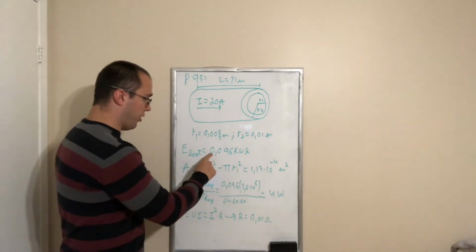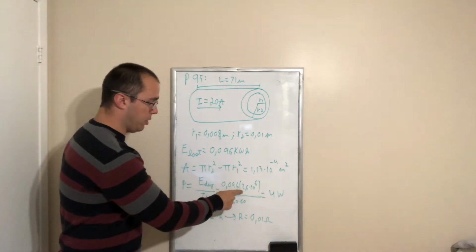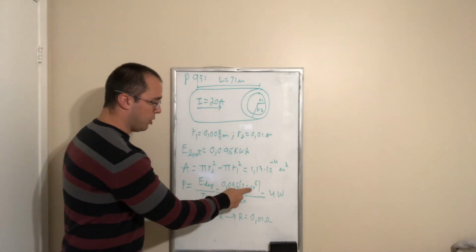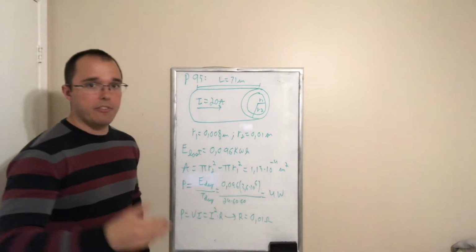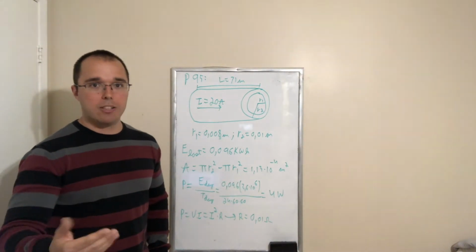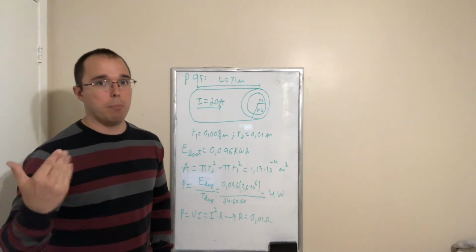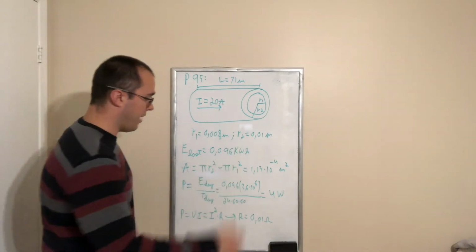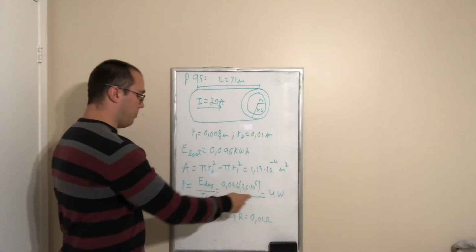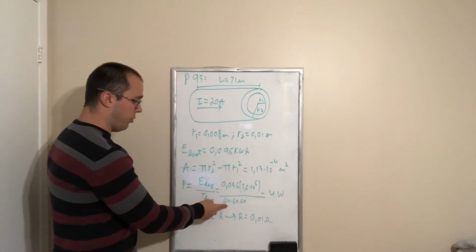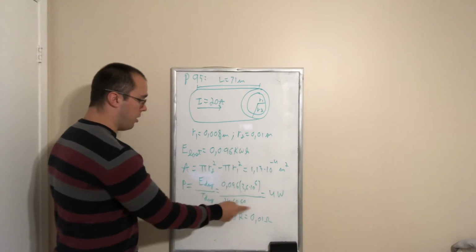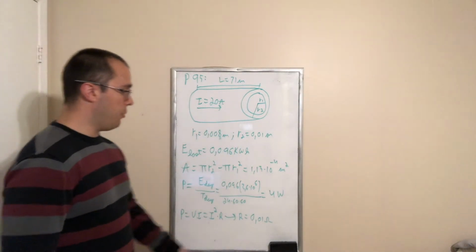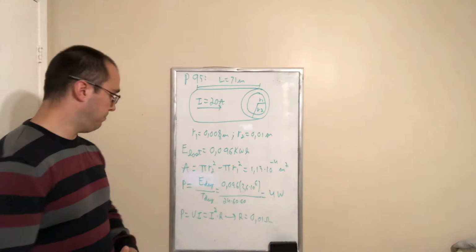So we need to convert from kilowatt hour to joule, so simply multiply by 3.6 multiplied by 10 to the power 6, or if you want, you multiply by kilowatt, so it's 1,000 multiplied by the number of seconds in an hour, 3,600, and we get back to that value anyway. We divide by the number of seconds in a day, so 24 hours, 60 minutes every hour, 60 seconds every minute, and we get a power of 4 watt.